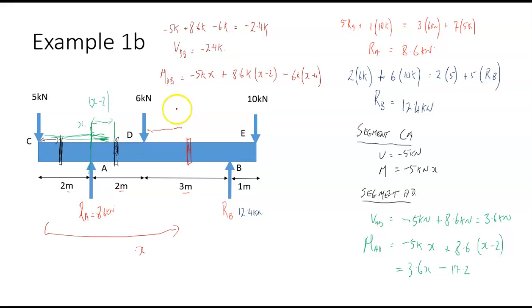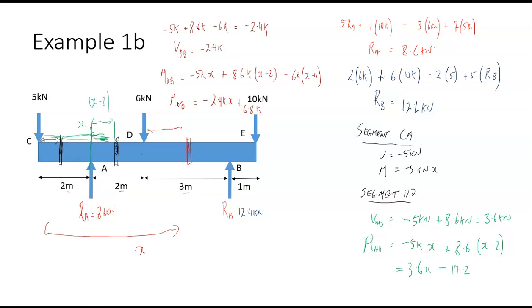And if I multiply that out, I'll get M DB is equal to minus 2.4k times x plus 6.8k.